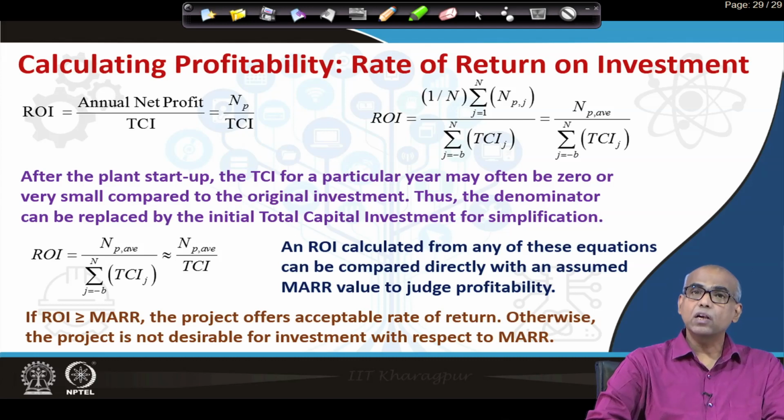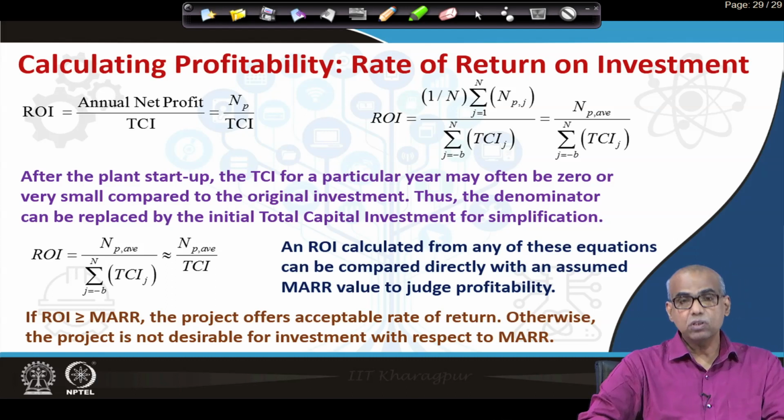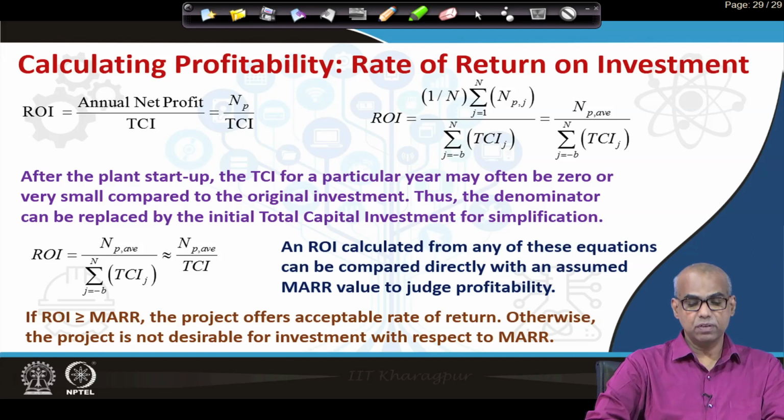Preferably, the return on investment should be higher than the minimum acceptable rate of return. Even if the rate of return on investment matches the minimum acceptable rate of return, you can consider the project to be acceptable, but definitely the project is not desirable for investment when return on investment is less than the minimum acceptable rate of return.